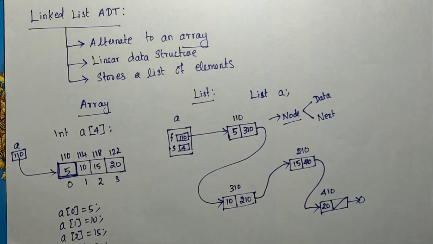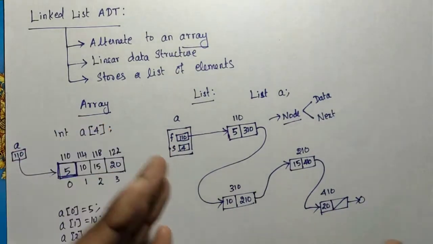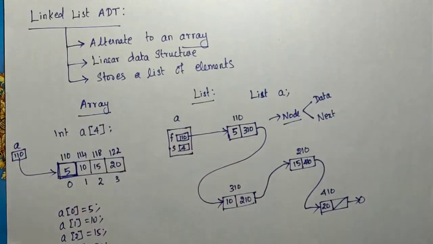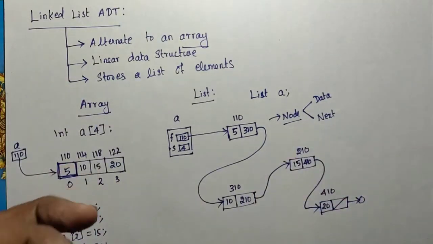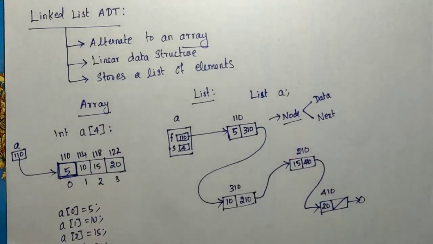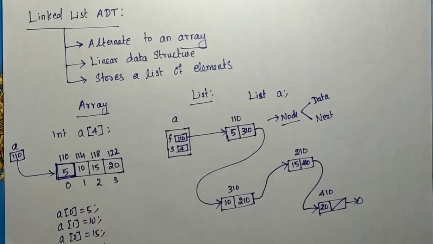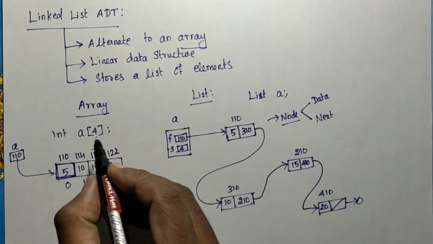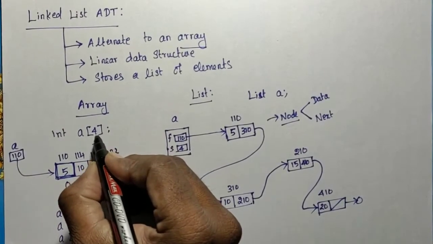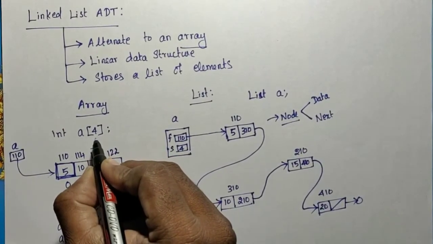So what is the advantage of storing elements in different memory locations and linking them in this style? What is the drawback in the array? One drawback is that in an array we need to specify the size in advance.